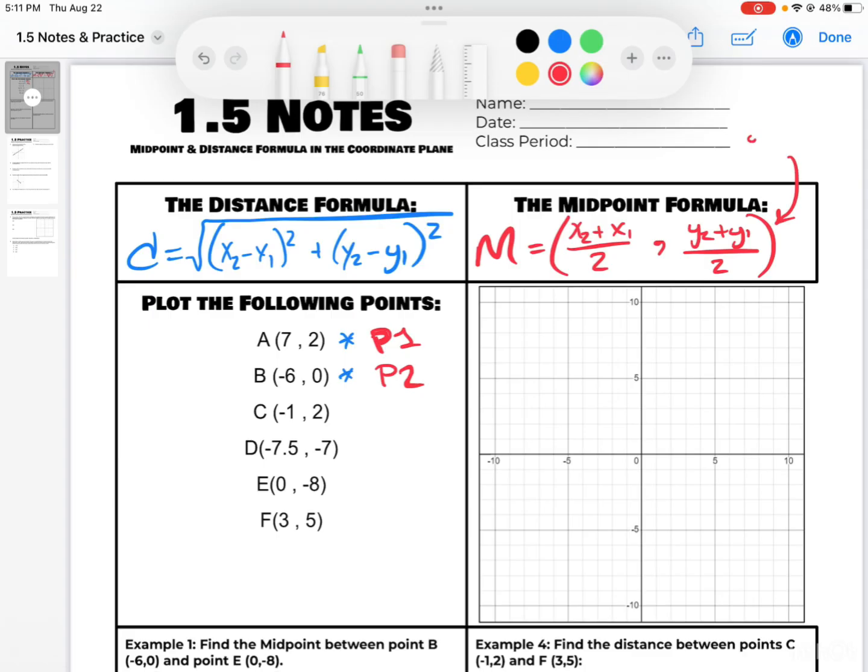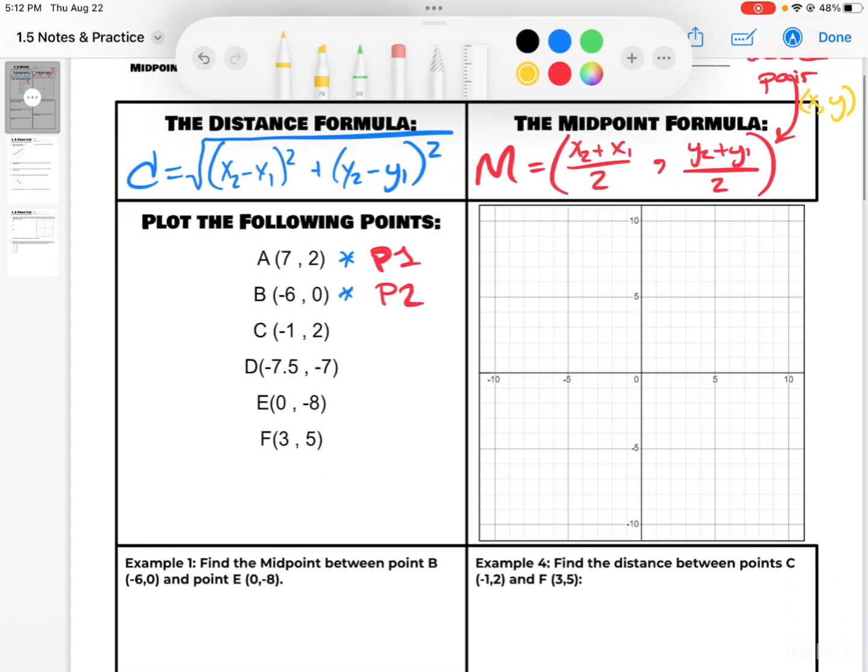If you notice, when you solve this one, it's going to give you an ordered pair. That means when you get an answer, you'll have an x and a y coordinate, and it'll be the point right in the middle of the 2 given points.